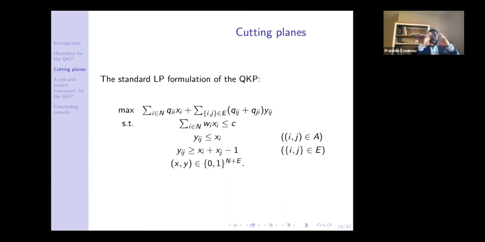So you use them and your problem becomes linear. But still, if you solve the continuous relaxation of this problem, the bounds that you will obtain are very poor. So how do you improve the quality of the upper bound obtained this way? We are going to use cutting planes to do that.